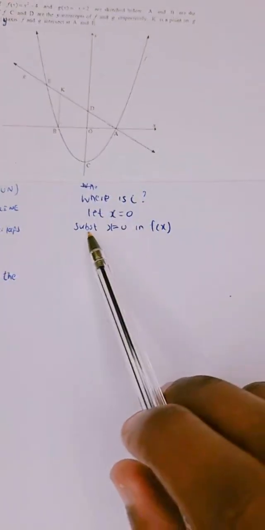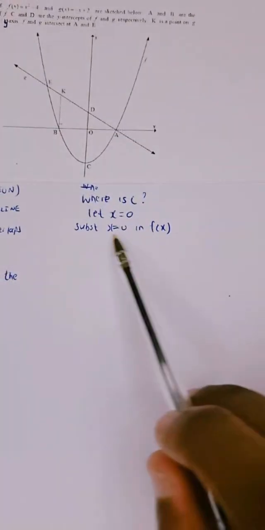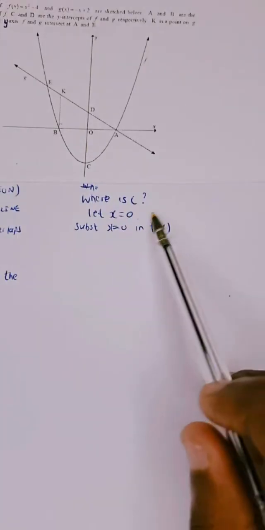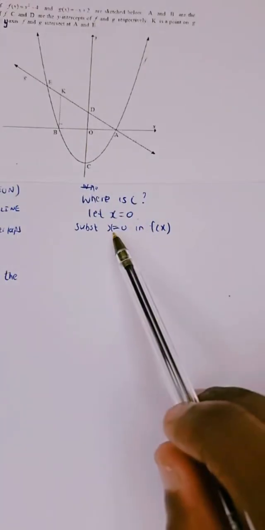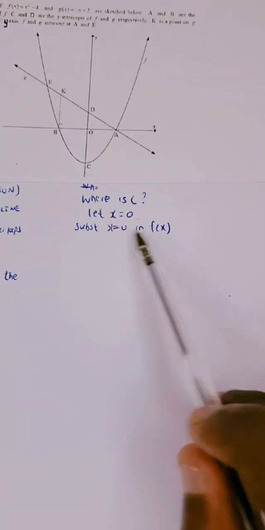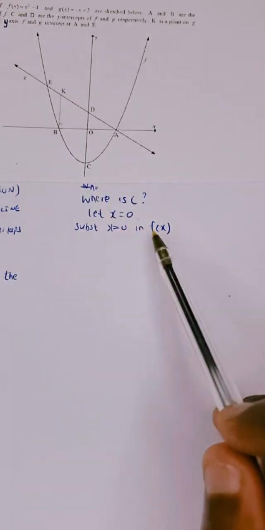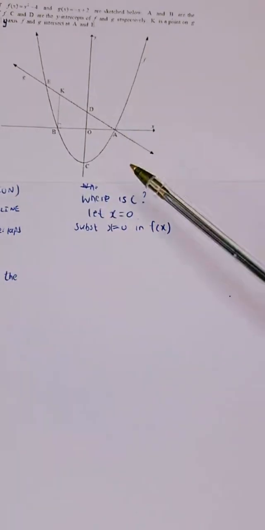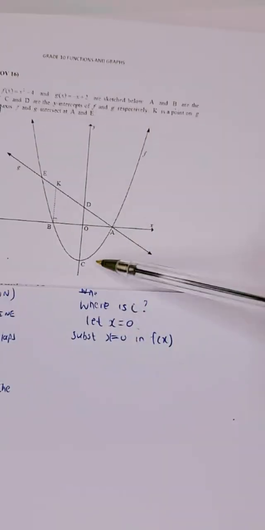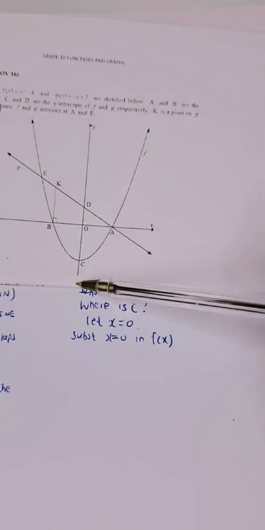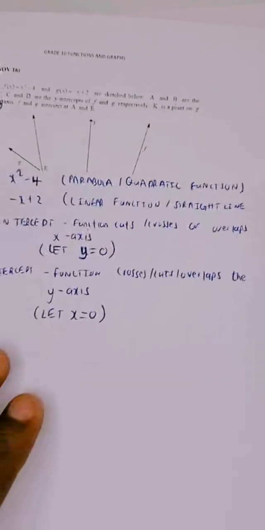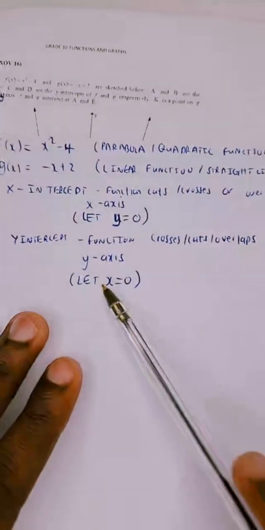Thank you so much. So substitute x is equal to 0. We're going to substitute x is equal to 0, guys, in the function of f of x. Why are we substituting x is equal to 0 in the function of f of x? It's because, remember, we said that C, where is C? C lies on the y-axis. What do we know about the y-axis, which is the y-intercept?